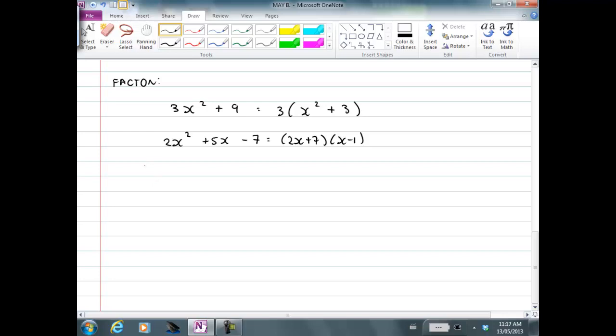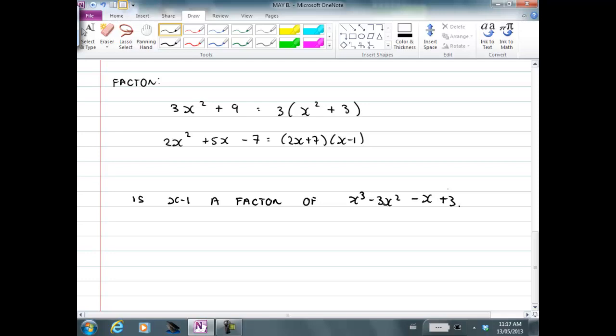No, I should say this. Let's look at this one. Is x minus 1 a factor of x cubed minus 3x squared minus x plus 3?